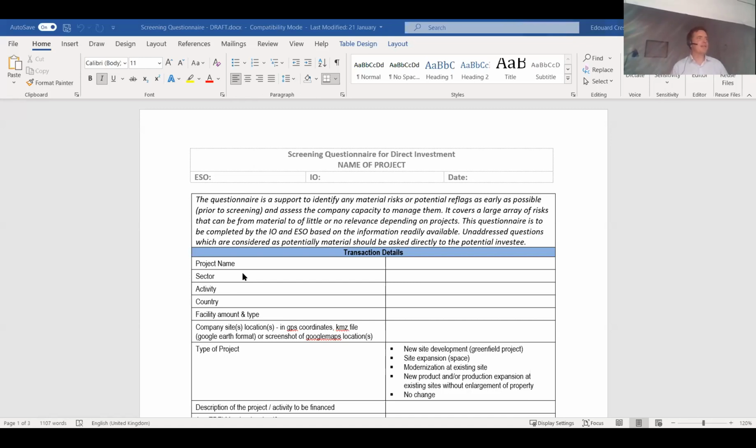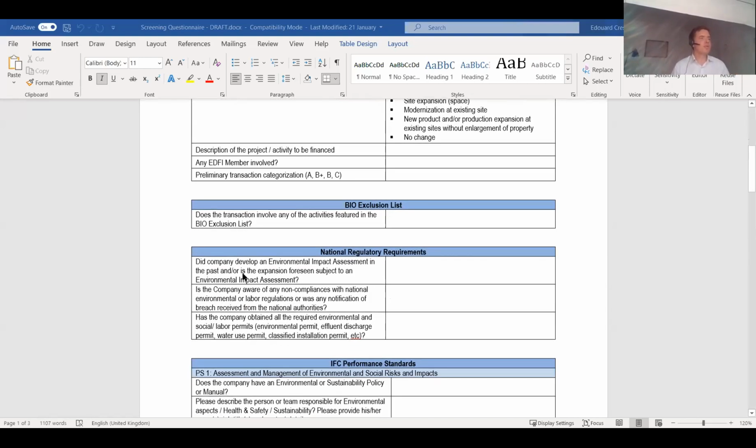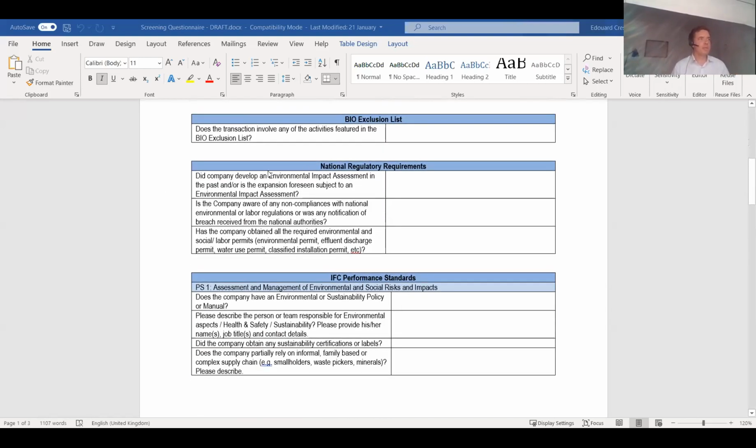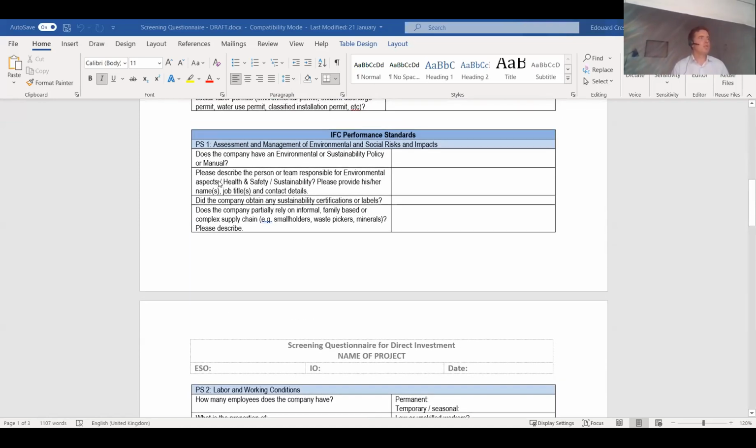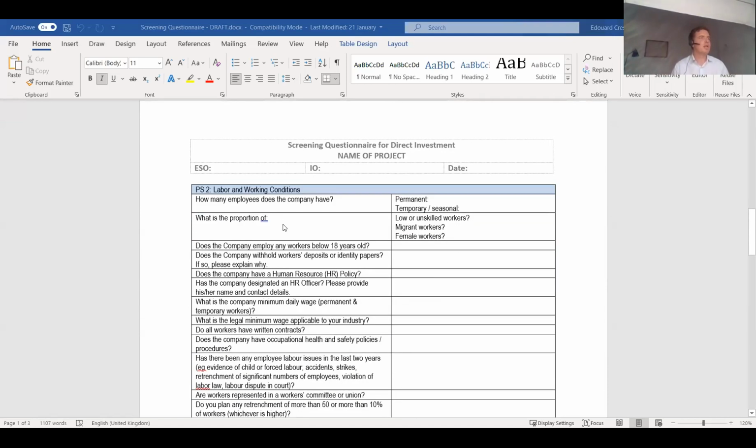Okay, right, thanks. And then the screening questionnaire, which we would request the client or the potential client to fill just before going to screening committee, with specific questions in terms of, do they have their environmental impact assessment performed? Do they have the environmental permits also for effluent discharge and so forth? Do they have an ENS policy in place, people in place to manage environmental and social risks?